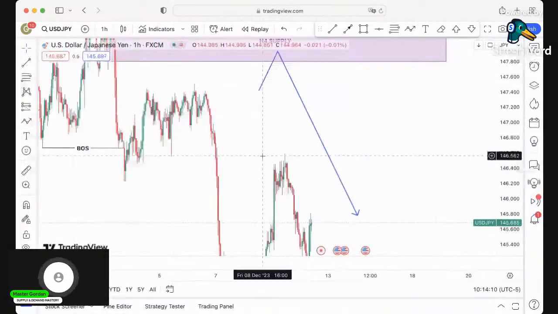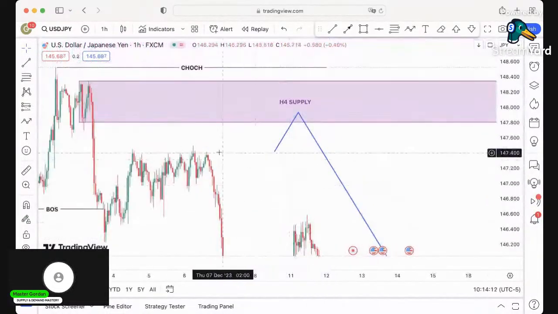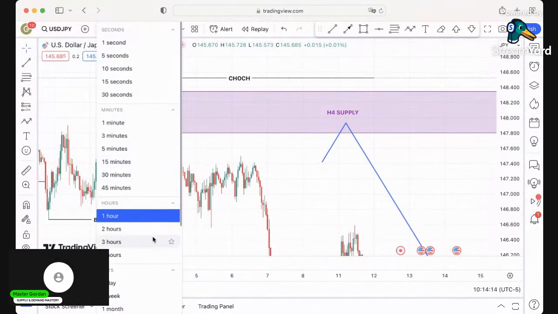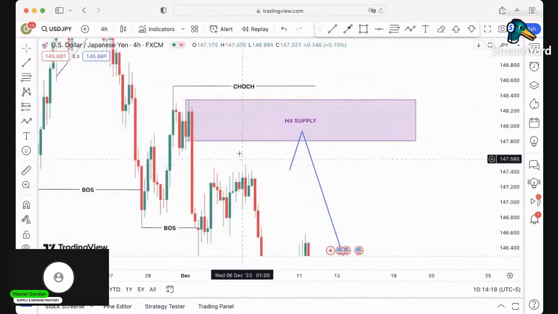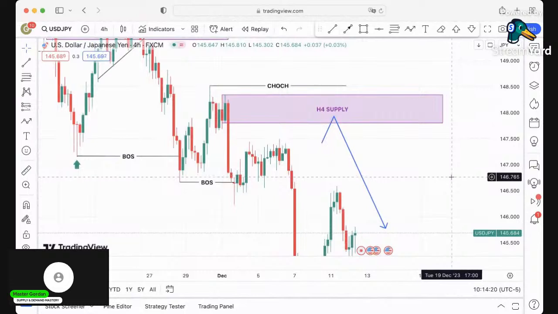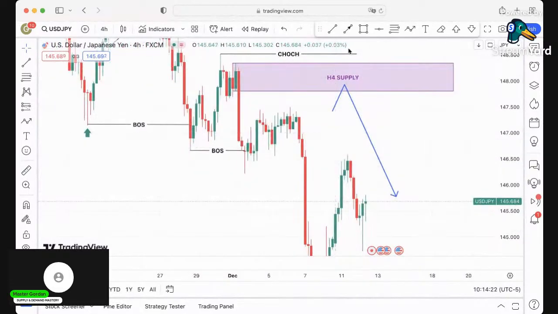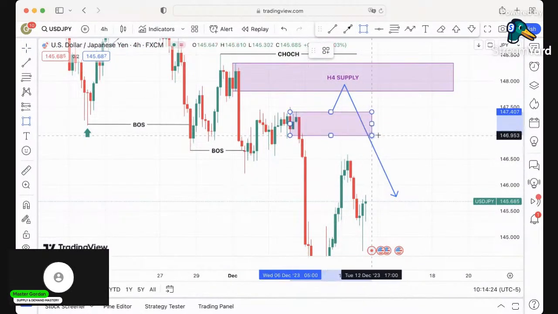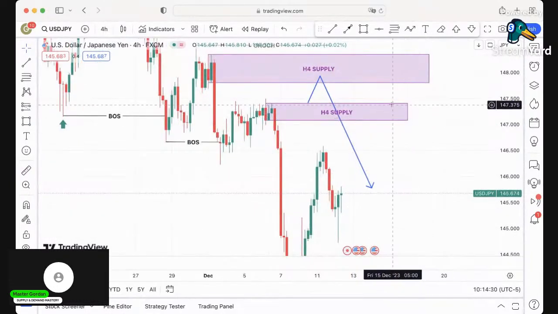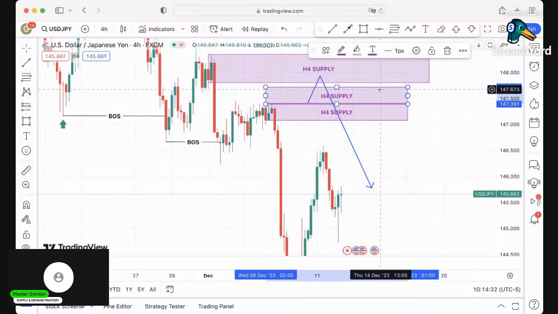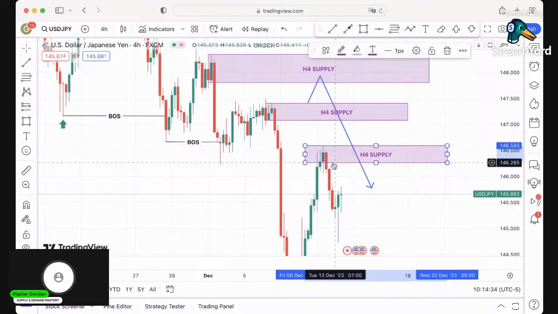So for the UJ, the setup is still valid right here. This will be the UJ H4 supply. You see the H4? But before that, this is also one of the supply right here. This is also one of the H4 supply. And we have another new supply right here again.